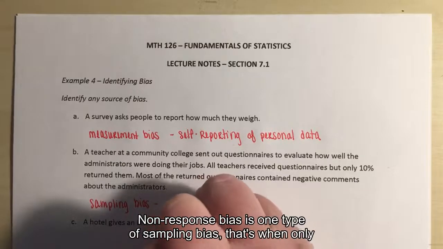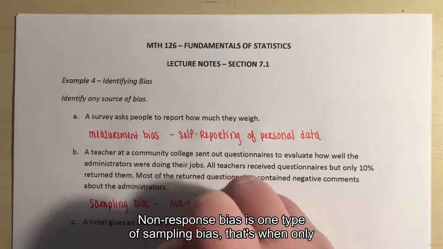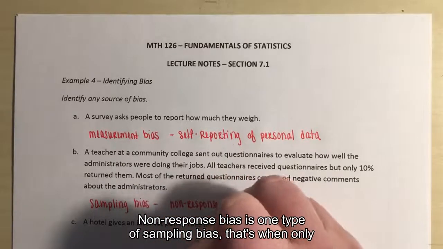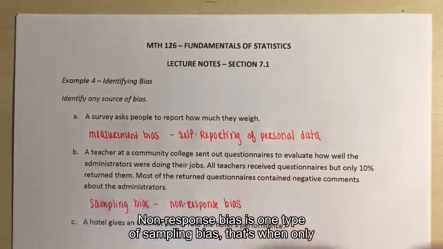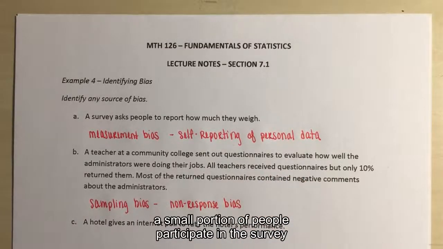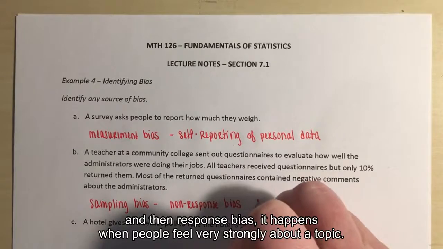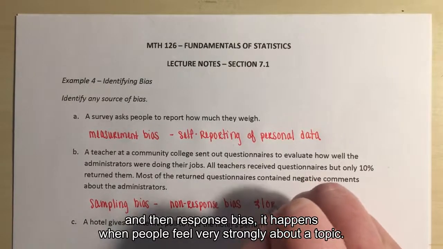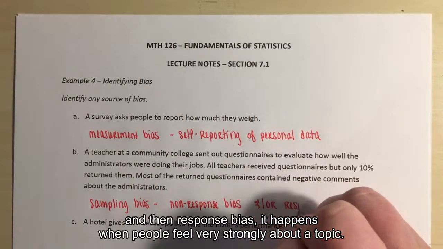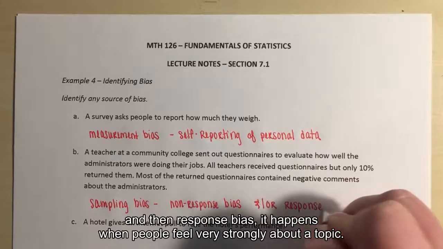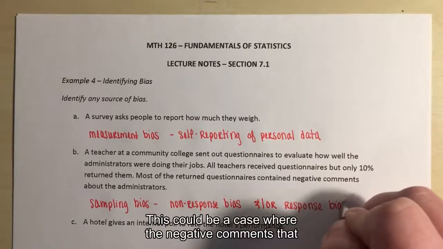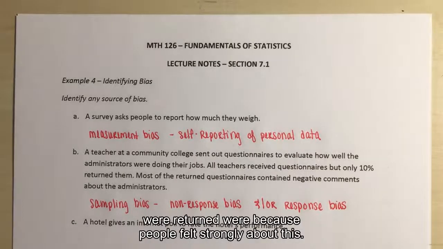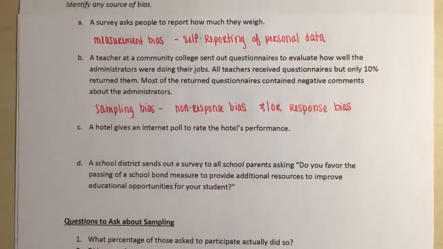Non-response bias is one type of sampling bias. That's when only a small portion of people participate in the survey. And then response bias, it happens when people feel very strongly about a topic. So this could be a case where the negative comments that were returned were because people felt strongly about this.